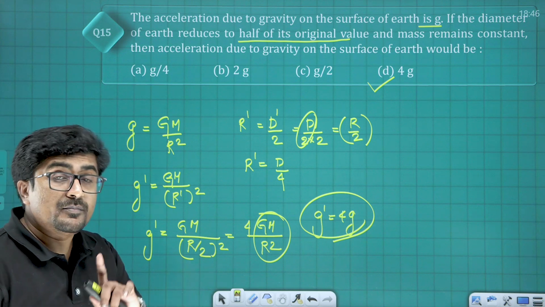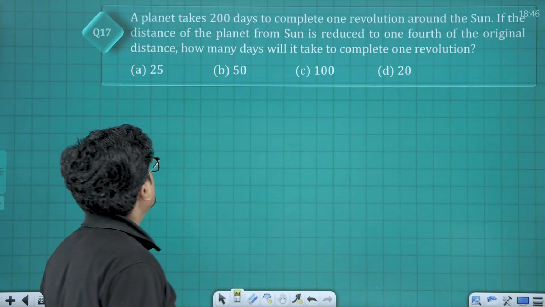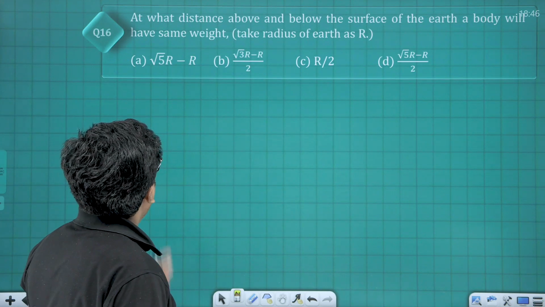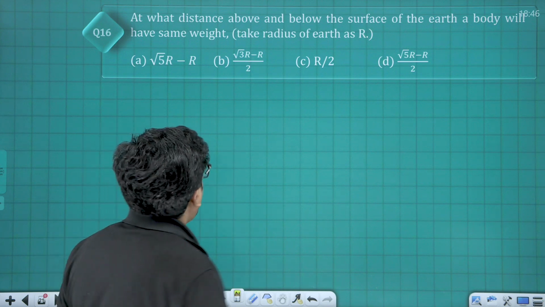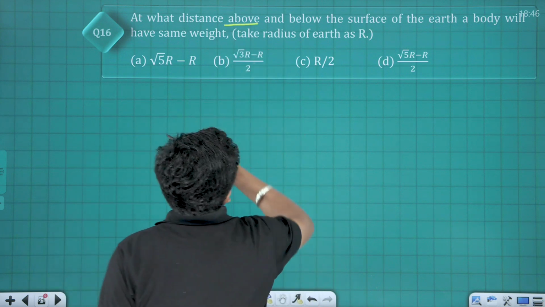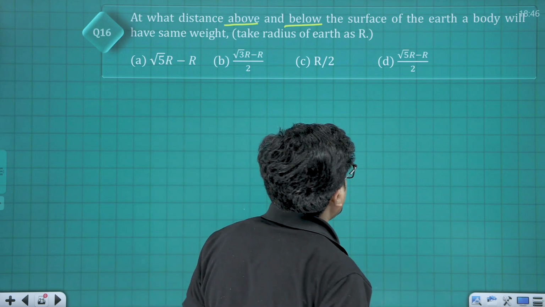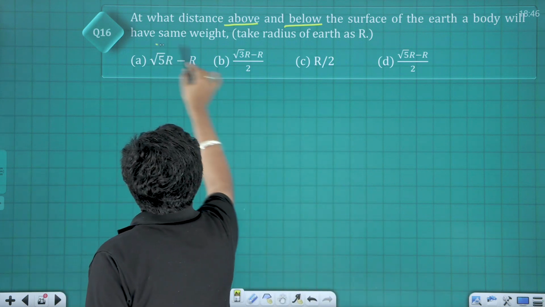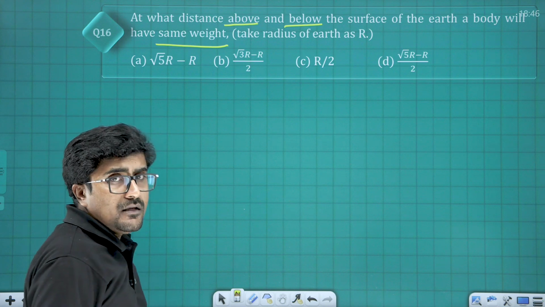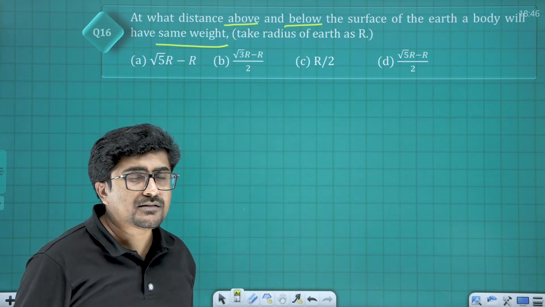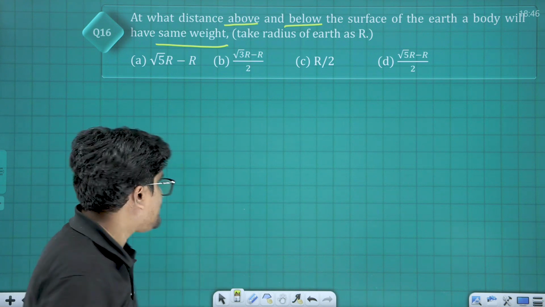Now let us move to question number 16. Question number 16 says, at what distance above and below the surface of the earth a body will have the same weight? Same weight means acceleration due to gravity needs to be the same.